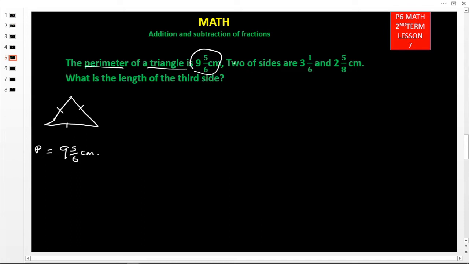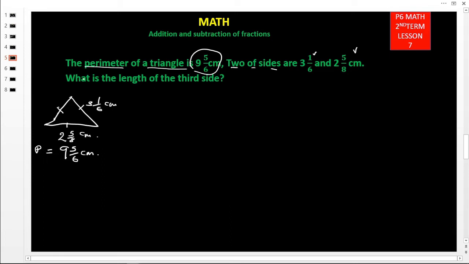Then they are telling us that two of the sides, one is this and another one is this. Let us assume that this one is 3 whole number 3 out of 6 centimeters. Then another one is 2 whole number 5 out of 8 centimeters.